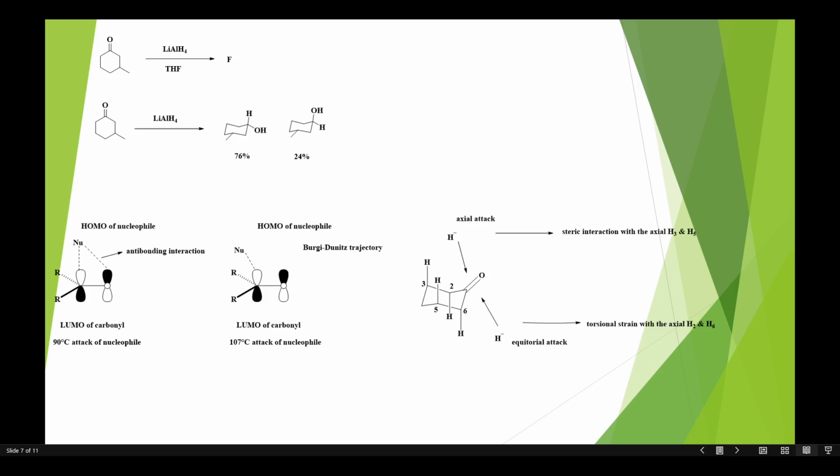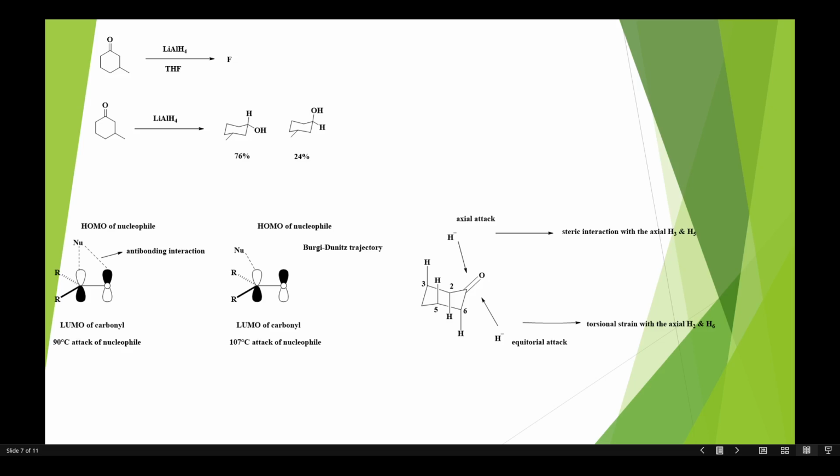To simply remember how it will attack: generally the bulkier nucleophile will attack from the equatorial side to minimize the interaction with the axial hydrogens, that is H2 and H6, and the less bulky nucleophile will always attack from the axial side.